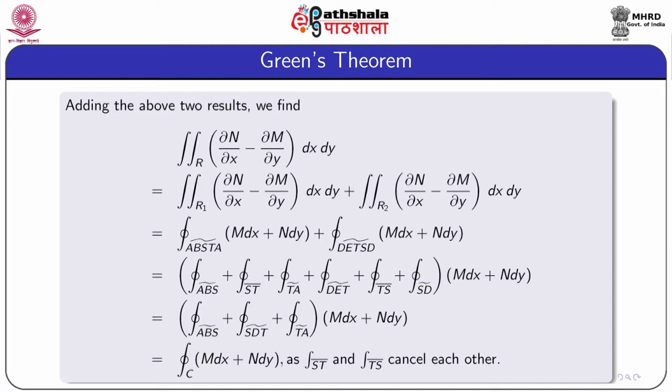Now, the integrals over ST and TS cancel each other. So, finally, we are left with the integration of m dx plus n dy over ABS, then STD, then TA. So, that is the integral over C of m dx plus n dy.